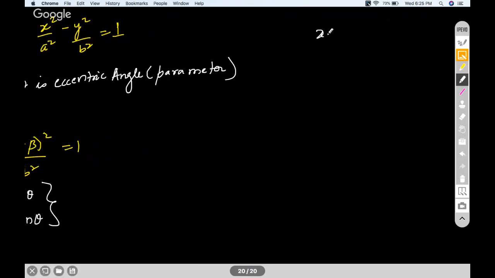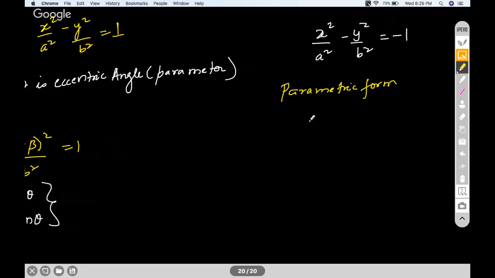And if you have the conjugate x square by a square minus y square by b square equal to minus 1, then its parametric form would be x equal to a tan theta and y equal to b sec theta.